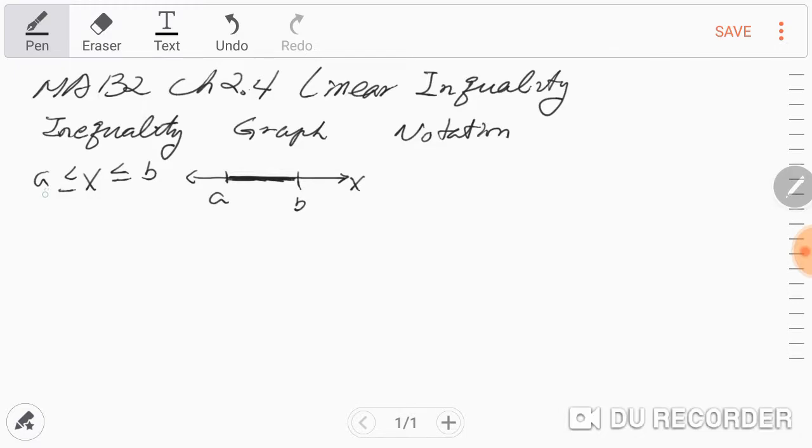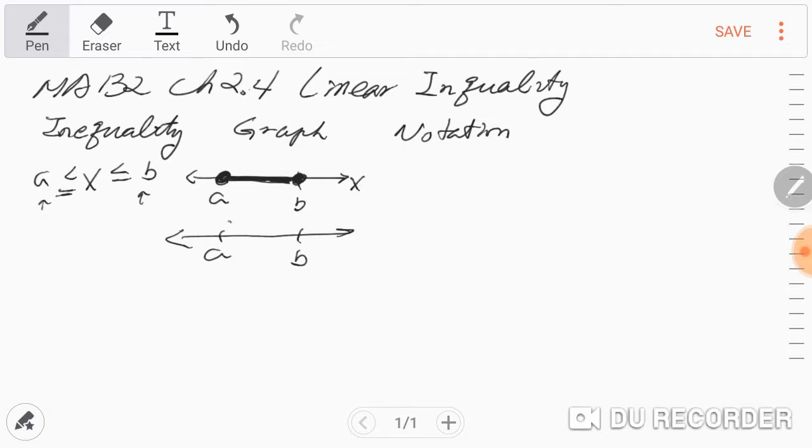How about the endpoints a and b? Since there is an equal sign, we can include the point a and include the point b. So this is the graph notation. Or you can write it like this: here's a, here's b. x is between a and b, and both endpoints a and b are included.